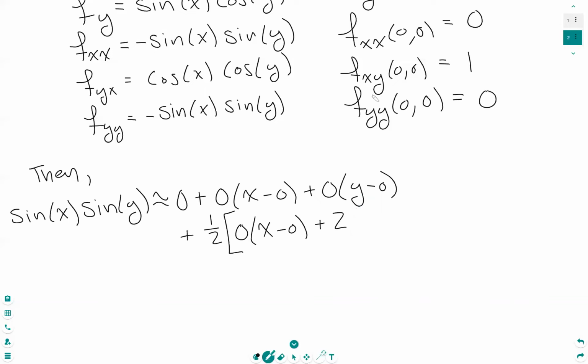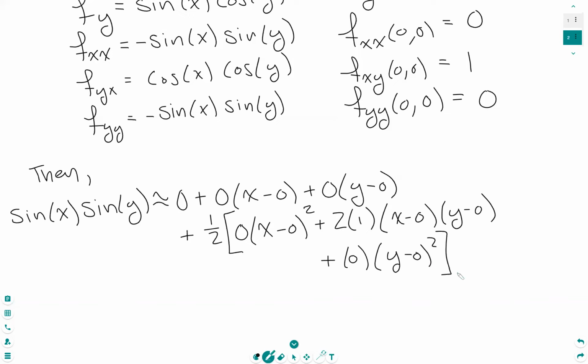There's a 2 times f_xy at (0, 0), which is just a 1, times x minus 0, and then y minus 0. And then we have the last term, which is f_yy, which is 0, times y minus 0 squared.